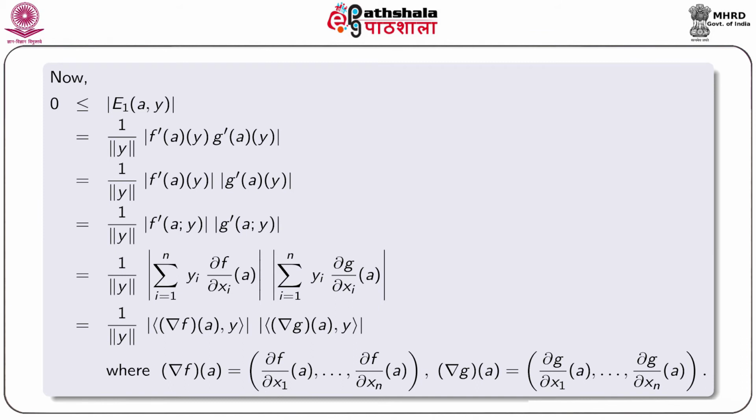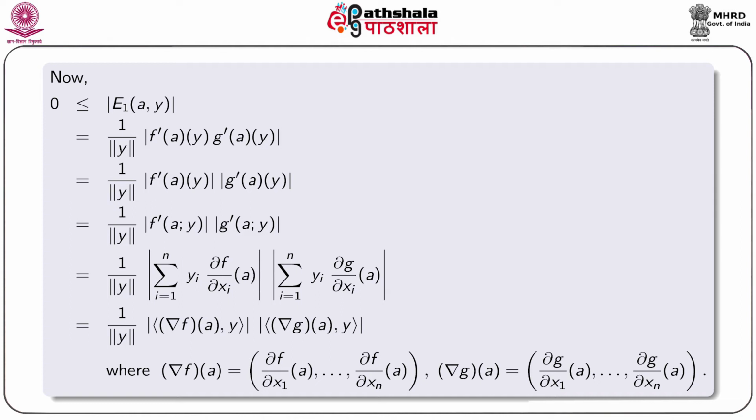Let us now take care of the term E1 a y. So, let us consider its modulus. Definitely, modulus of E1 a y must be non-negative. So, it was 1 by norm y times modulus of f dash a y g dash a y.